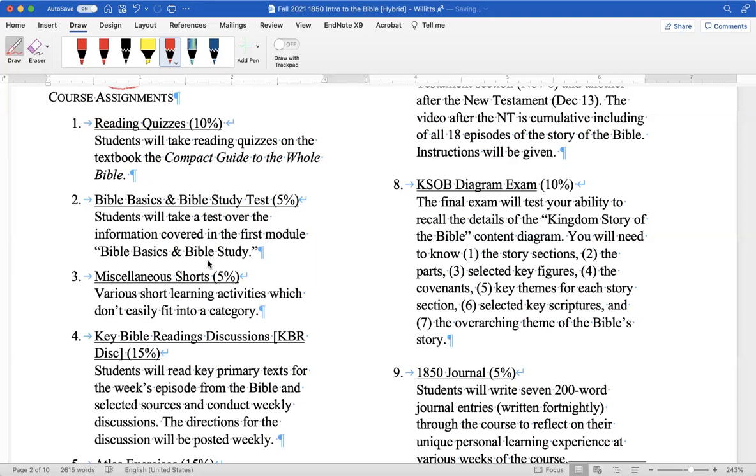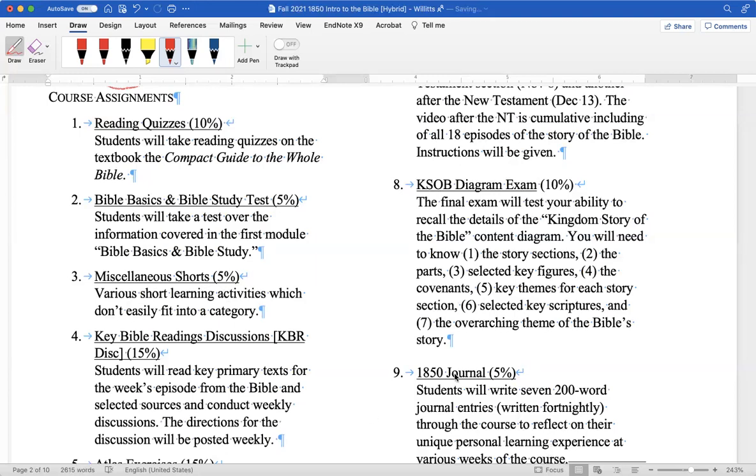The second observation I want to make is that because there are so many assignments, 9, the weight of any one assignment is not catastrophic. So I hope this doesn't happen. But if for some reason you were not able to do any of the miscellaneous short assignments, assignment number 3, if you didn't do one of them, that is only going to cost you 5% of your grade.